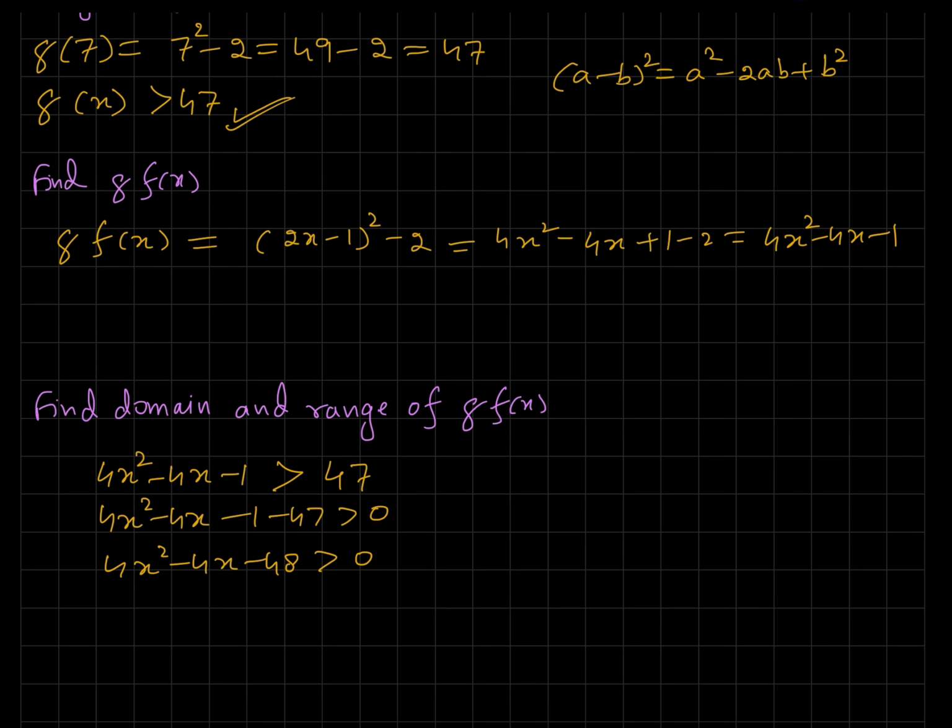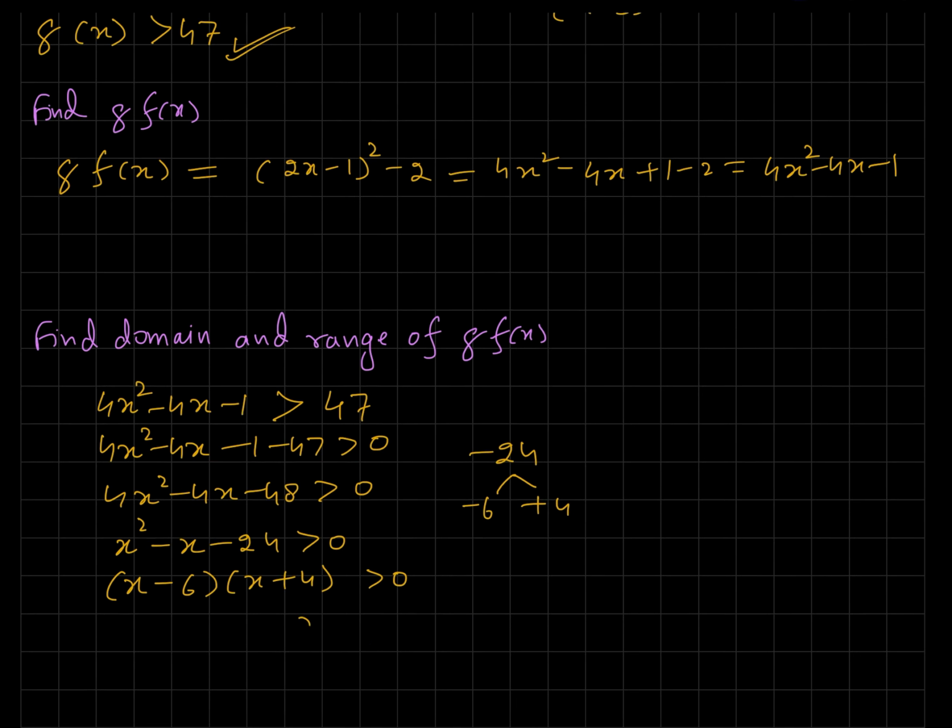Dividing by 4 throughout, I will be getting x squared minus x minus 24 greater than 0, and splitting the middle term, negative 24. So it's negative 6 plus 4, so my factors are x minus 6 and x plus 4 greater than 0. Wait, hang on.